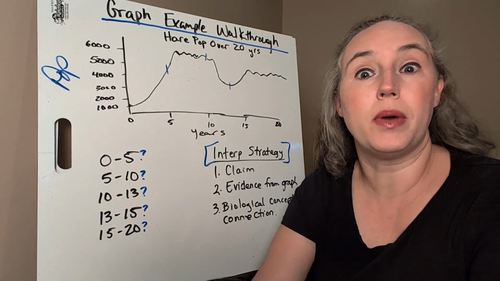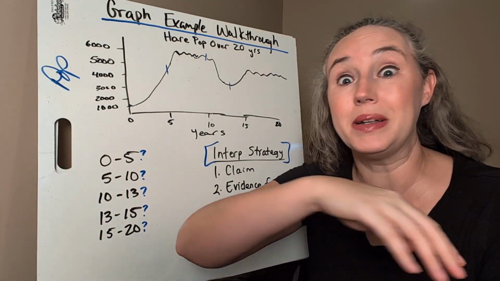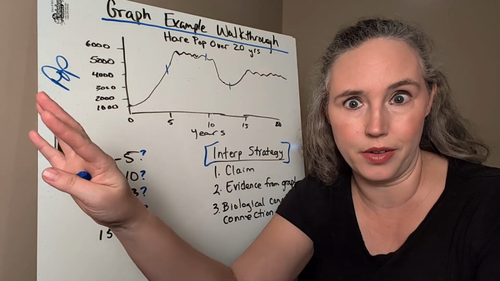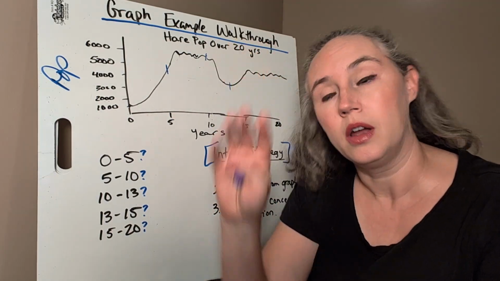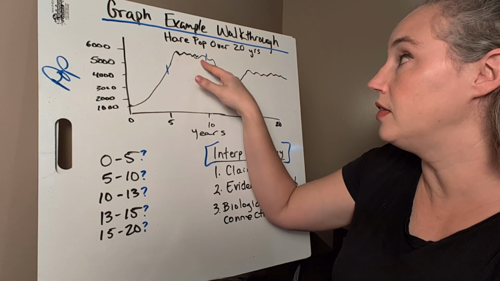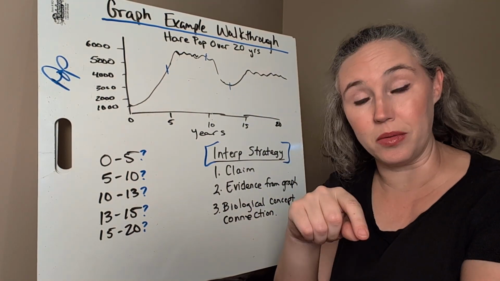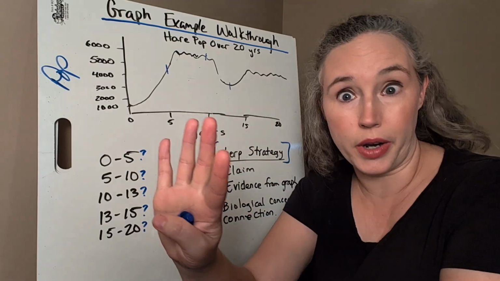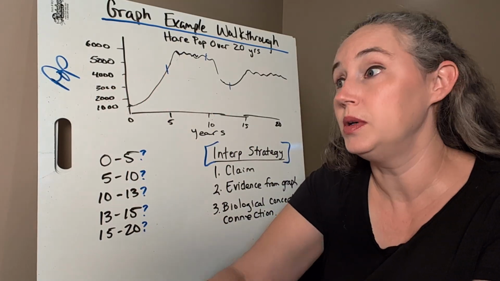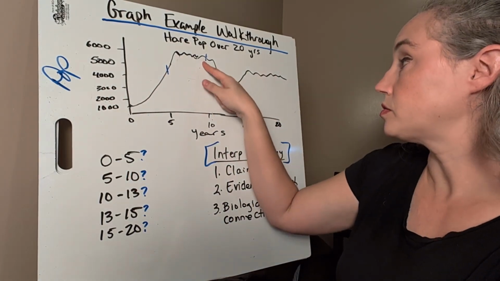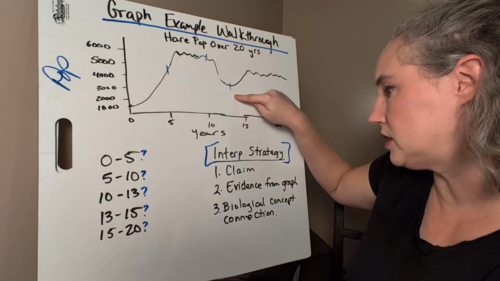So maybe somebody put a neighborhood, maybe it's development, right? Somebody put a neighborhood in their field, right? So then, boom, but the point is it's a density independent limiting factor. Maybe there was a tornado that came through and messed their habitat up. Who knows? But we have a big decrease.